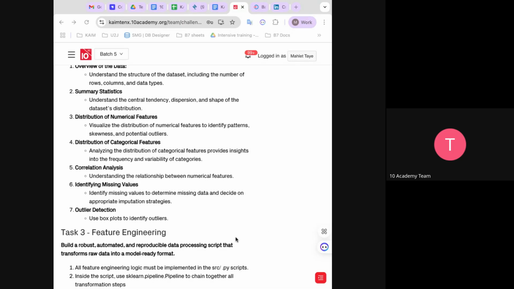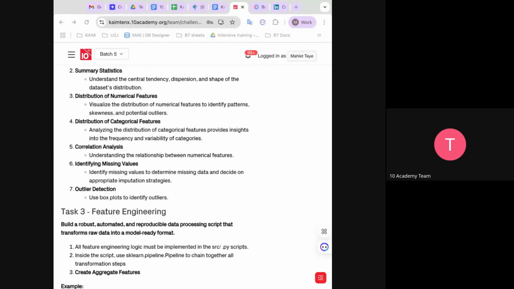And in task three, you are expected to do the feature engineering, which means identifying all the relevant features that are necessary for automating this risk modeling. That covers the data part, the encoding and scaling that you need, and if you are expected to build a scikit-learn pipeline, how you can chain all of them together.